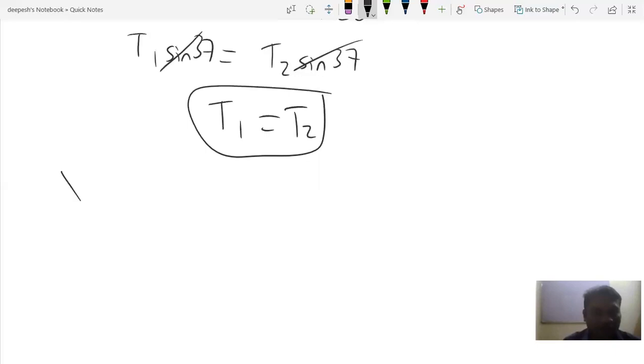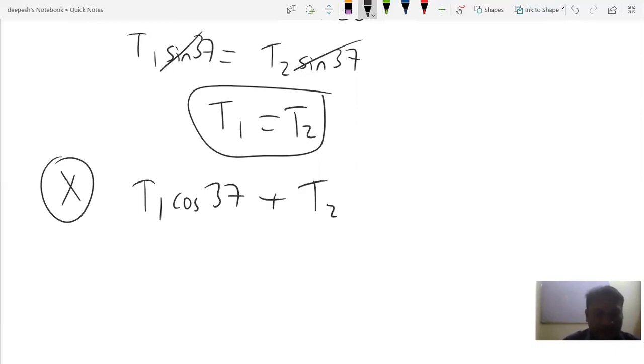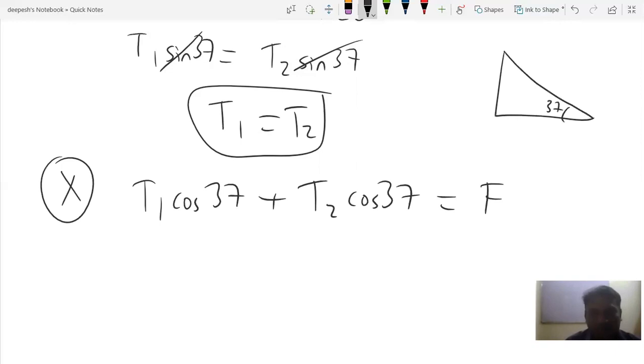Then the force balance along the x direction. In the x direction, what are the forces? We have T1 cos 37 plus T2 cos 37. This balances F. So let us substitute the value. What is the value of cos 37? First of all, let us use the triangle. This is 37 degrees. So let us draw the graph of sine and cos.